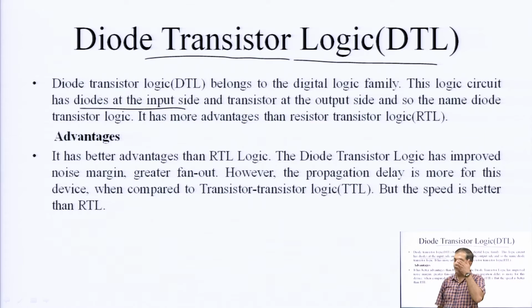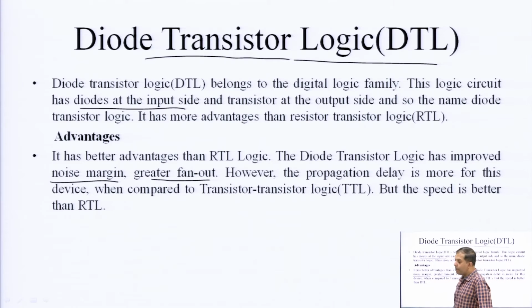It has more advantages than resistor logic, obviously, that is why we are using it. In which case is it better? The diode transistor logic has improved noise margin and greater fan out. We have already discussed noise margin and fan out characteristics in the previous lecture, lecture number 28, so you can refer to that.